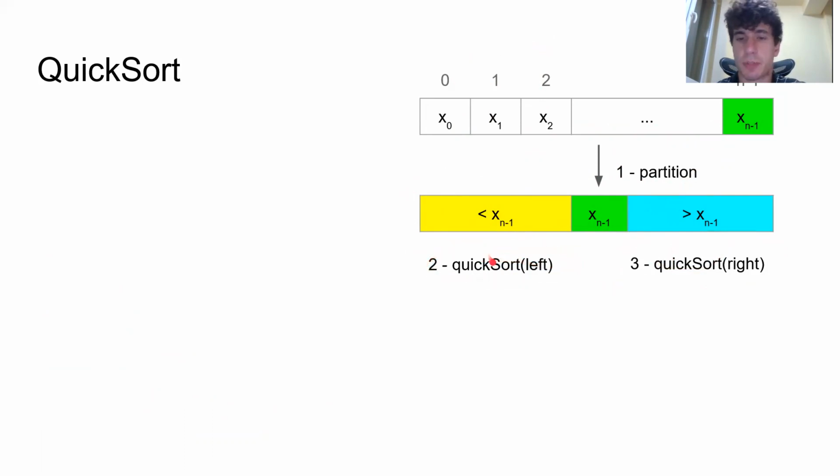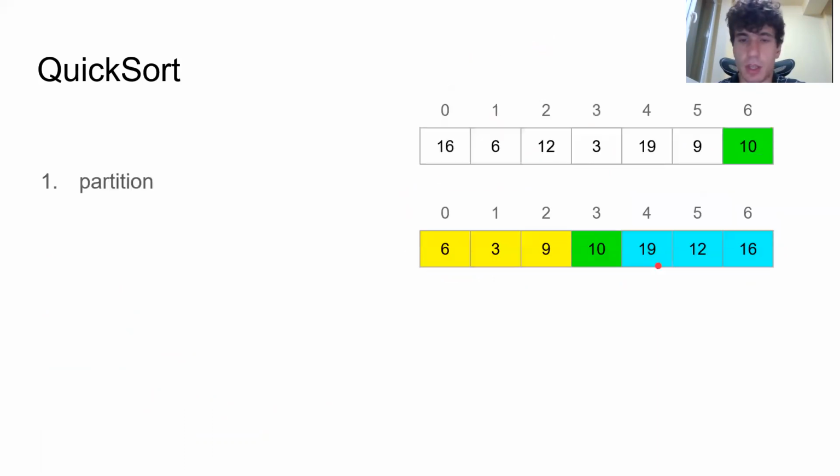So basically, we repeat the thing on the left part, and let's see how it looks. So let's say we have this array. First, we partition. We put the 10 where it belongs, and we'll have smaller to the left, bigger to the right.